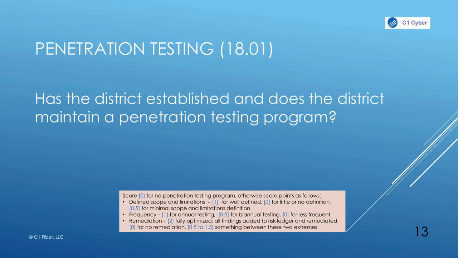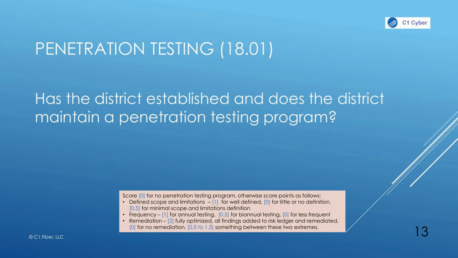Otherwise, score 1/2 point if your penetration testing scope and limitations are minimally defined, or 1 point if they are well defined, or 0 points if there is little or no definition regarding the scope or limits. Add 1 point if you perform annual penetration testing, or 1/2 point if you perform biannual testing, or 0 points if penetration testing is less frequent.